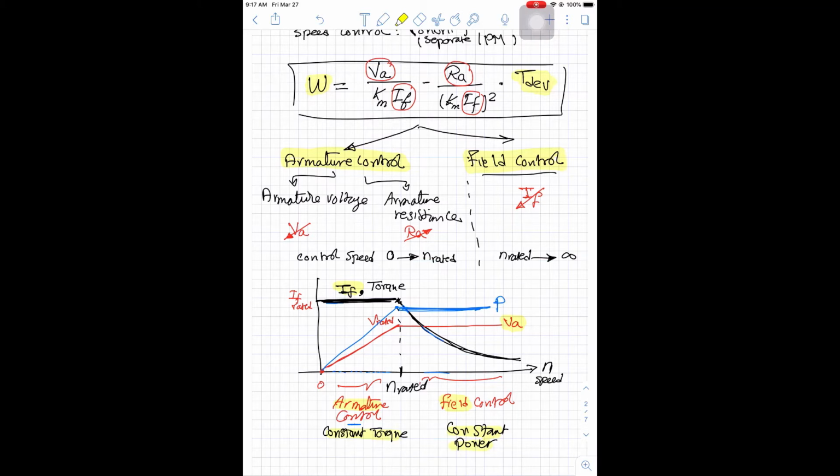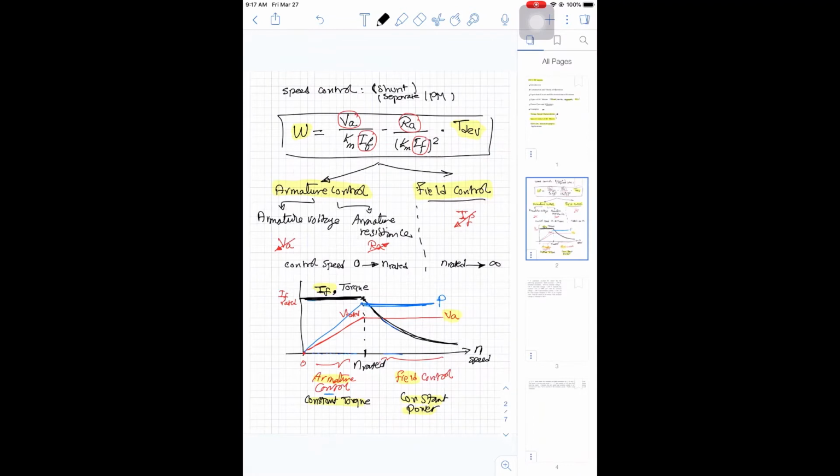If you need to control the speed while keeping the torque constant, we do armature control. If we need to control the speed while keeping the power constant, we do field control. So these are the two classes of control: armature control and field control.